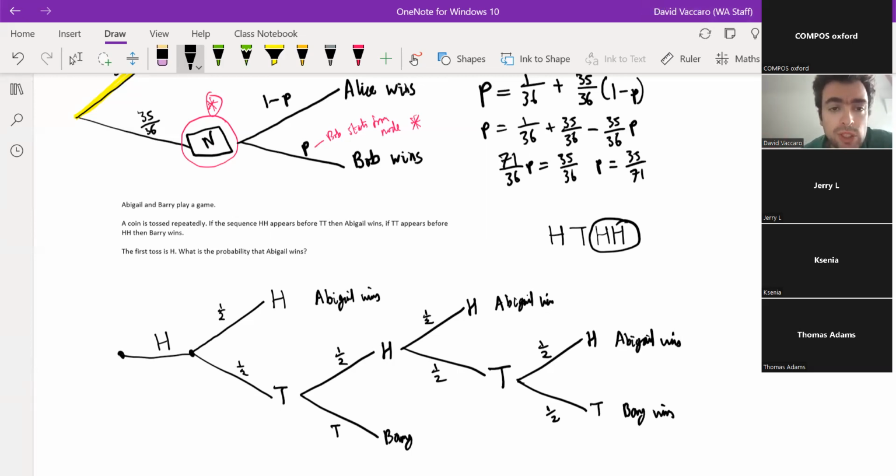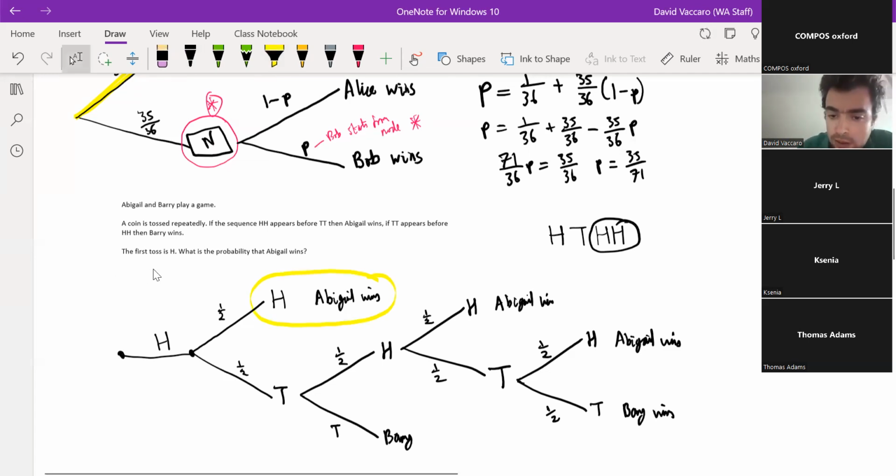Okay, what methods could we use to solve this problem? So we could use regeneration. Let's do that kind of last. We could also use the infinite tree. So in the infinite tree, we look at the outcomes where Abigail wins. So she wins here with probability of half.